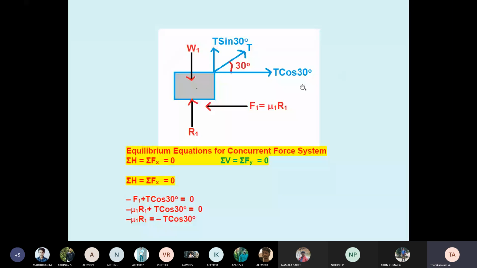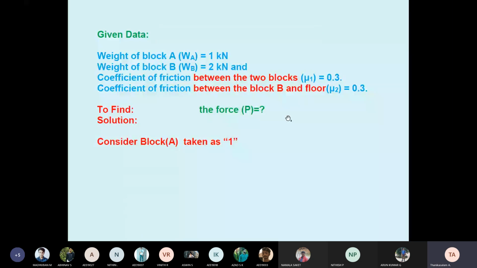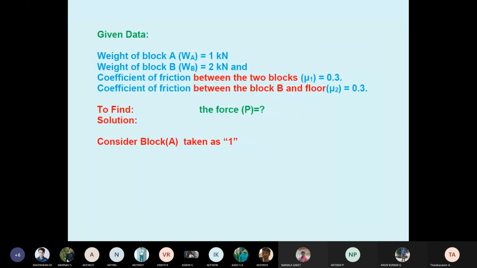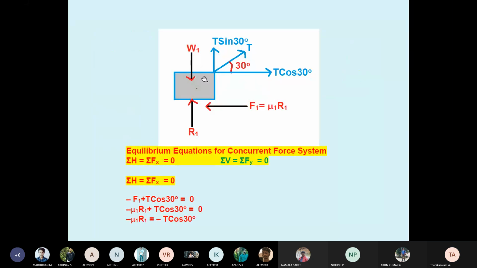T cos 30 is on the right side, therefore friction is on the left side. Don't look at the total block. Now see block A only. Don't consider the applied force P, because that is applied on B only, not A. When considering A, it is connected to the rope at an incline, that's why T cos 30, T sin 30. So friction is on the left side.